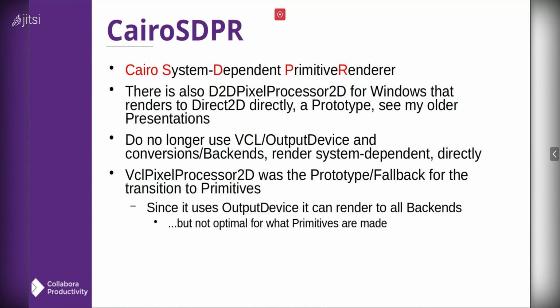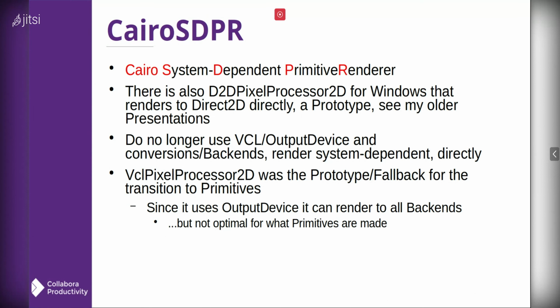Some people asked me years ago, why do you convert all that data into primitives and then in the VCL pixel processor, it gets all converted back and thrown at output device? That's a good question. And the answer is pretty simple.